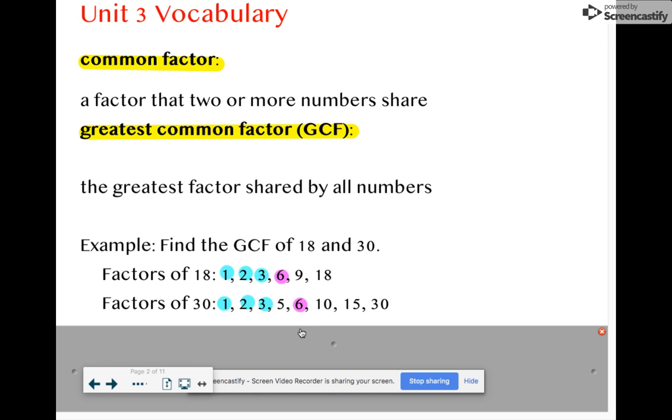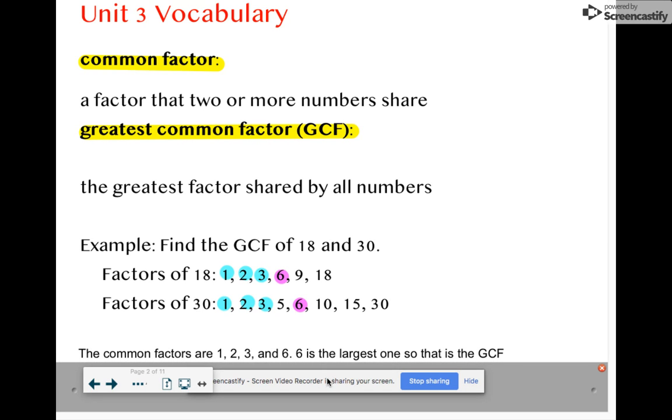So 6 is the biggest number that both 18 and 30 have in common. Once I listed them out, the common factors were 1, 2, 3, and 6, with 6 being the largest. Again, you can pause the video and get those written down along with the example.